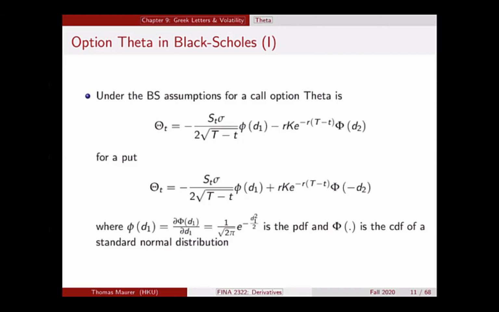So if you get closer and closer to maturity, there's less discount of that strike price. That's bad for you. The first term captures the cherry picking right, and that first term comes from taking the derivative with respect to these probabilities of ending up in the money. And what does this mean? Well, for a call option, if you have time left to maturity and you can wait and see whether the price of the underlying is going to be high or low, and then decide whether you want to exercise the option or not, that actually gives you some value.